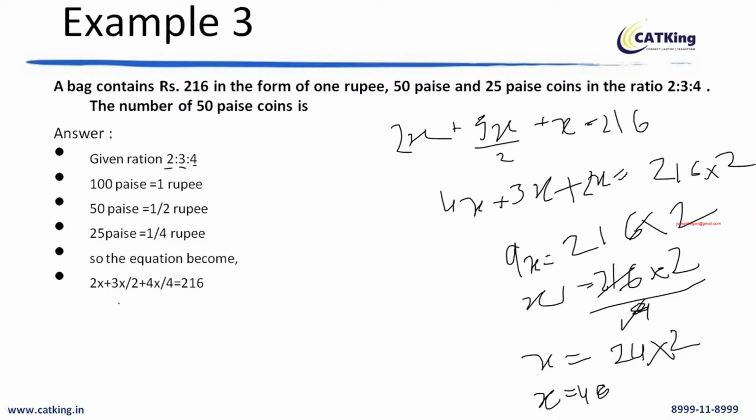Now let's find out the value of rupees. So 2x is basically rupees in 1 rupee coins. So 2x is basically 96. 3x is equal to 144 and 4x is equal to 224.